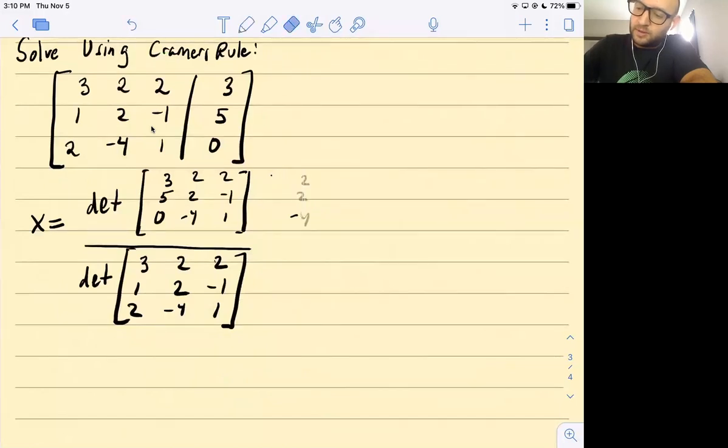I'm going to just write it over. And it never hurts to give yourself extra space with these so that you're not making any mistakes.